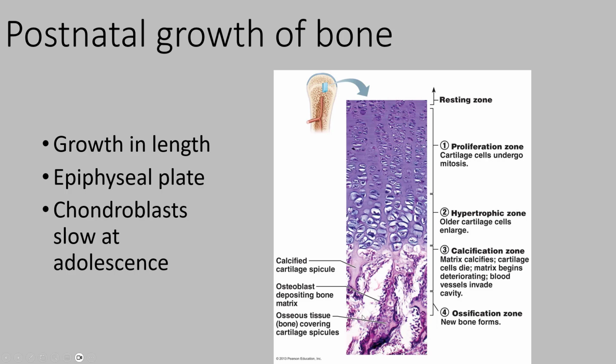Here in the ossification zone, new bone is being formed. Meanwhile, all of that is still happening: the proliferation zone pushes down into the hypertrophic zone, into the calcification zone, into the ossification zone. That goes on throughout childhood and early adolescence, at which point it begins to slow.